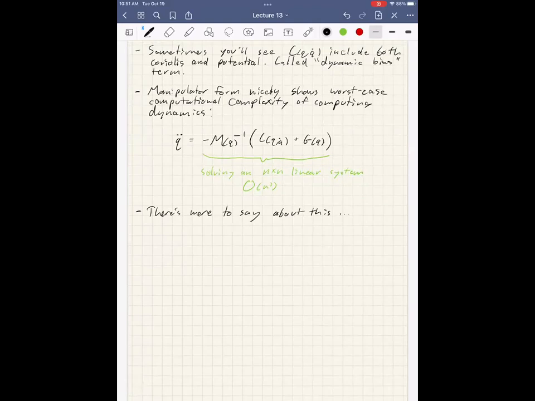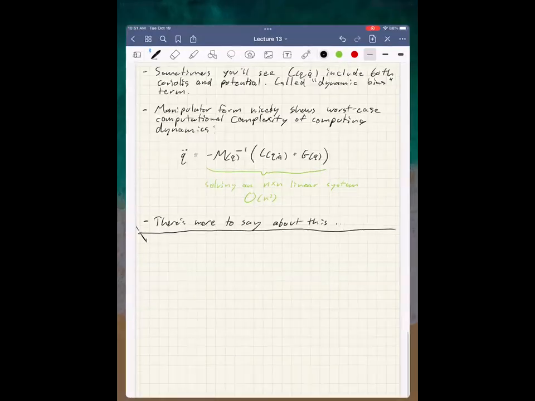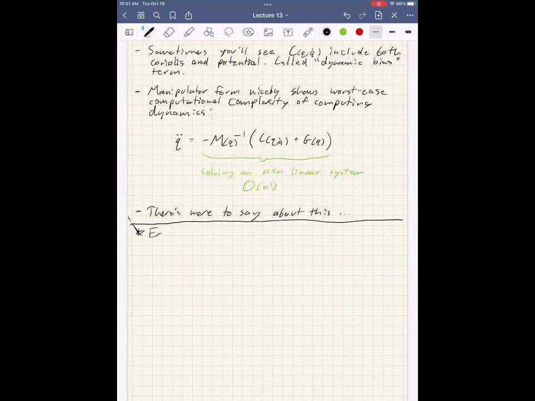Okay, so let's do another example, and we'll keep carrying through the cart-pole thing and do the whole thing. So we've got the Lagrangian from before, where I wrote out the mass matrix and all that.